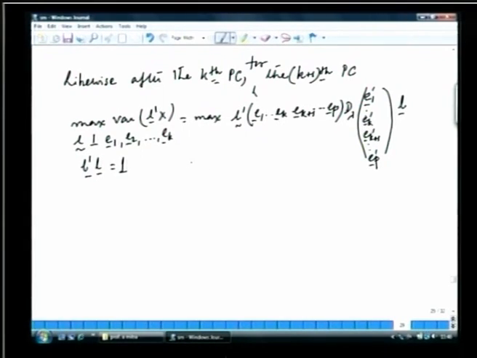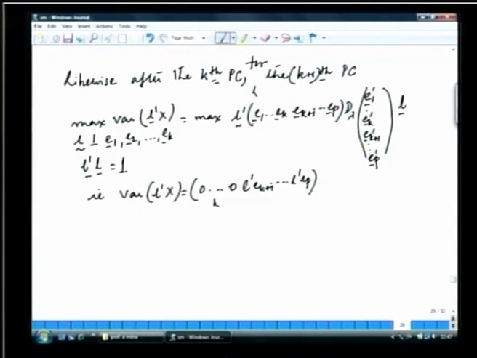So, this is going to give you variance of L prime x is now going to be 0 for k times, and then you have L prime Ek plus 1, and then up to L prime EP.